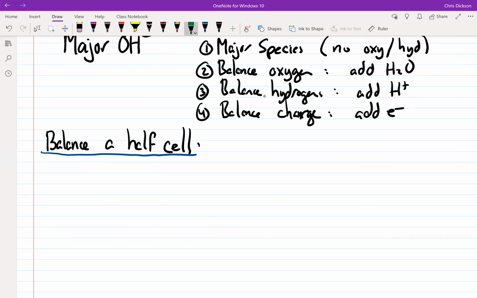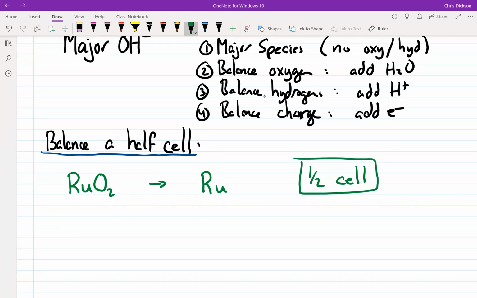Let's say you had the reaction RuO2, and it was turning into Ru. And so this is a half cell. What I mean by that is this is not a full redox reaction. This particular reaction either shows reduction or oxidation.